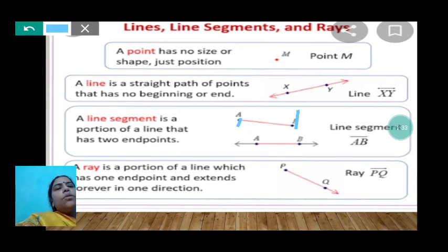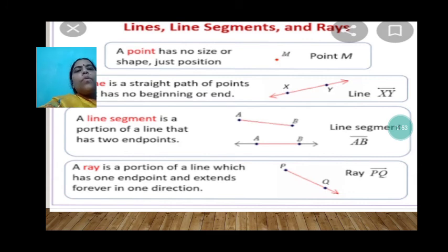So here AB, as you can see, if you extend this, it will become a line, and if AB are two points on a line, that means that is the line segment.